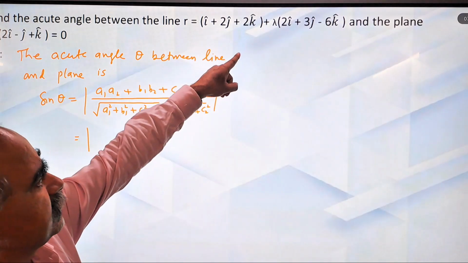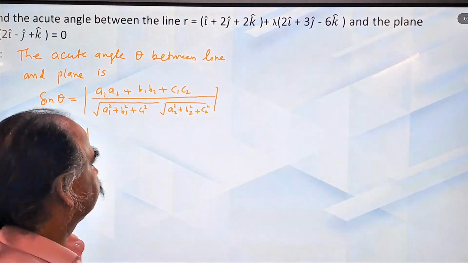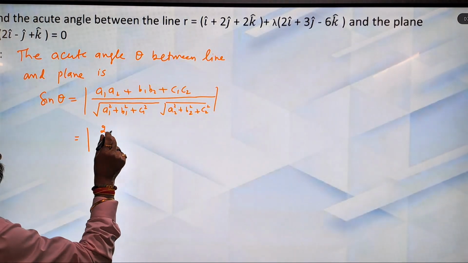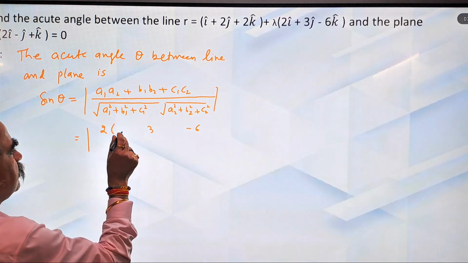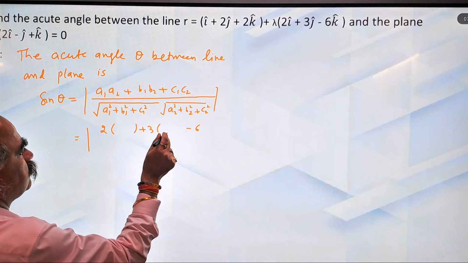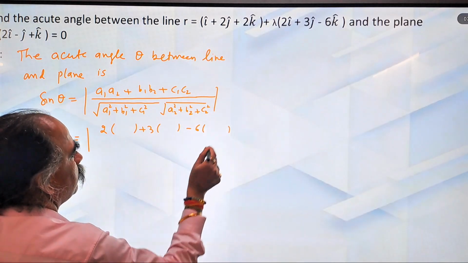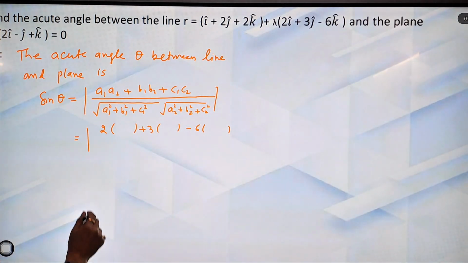A1, B1, C1 are 3, -6, 2 and 3, -6... A2, B2, C2 are 2, -1, 1.